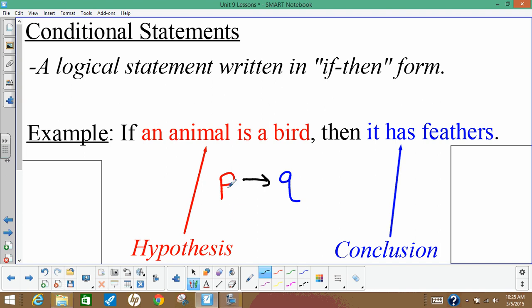So this is read, if P, then Q. Okay, so again, if P, then Q. Another way we say this is P implies Q. But it's easy enough just to say if P, then Q. And again, P represents the hypothesis, which in this case is an animal is a bird. Q represents the conclusion, it has feathers.